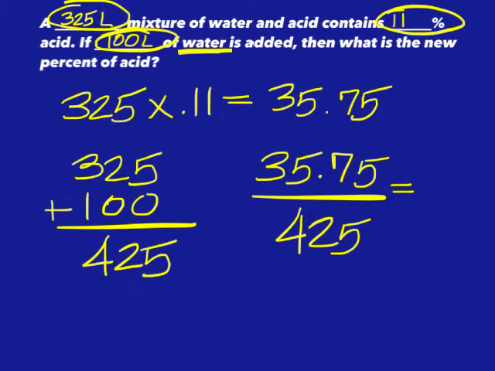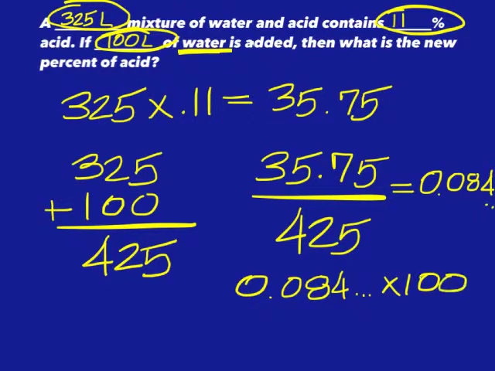When you do that, you come back with 0.084 and some change. You have to multiply that by 100. When you do, you get 8.4, but you're rounding to the nearest percent, so it's got to be 8%.